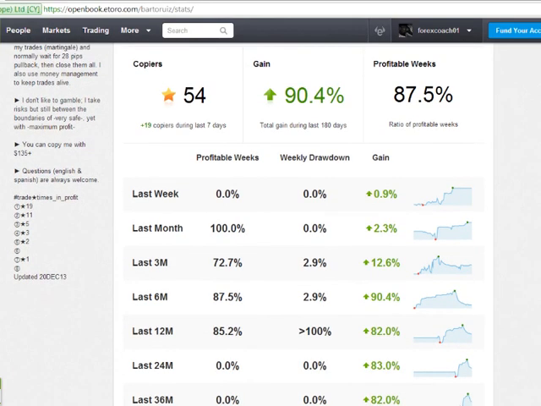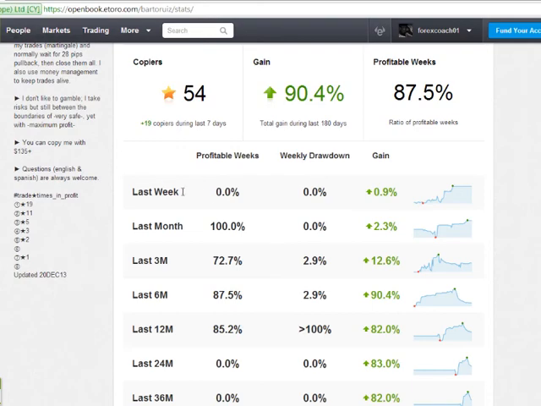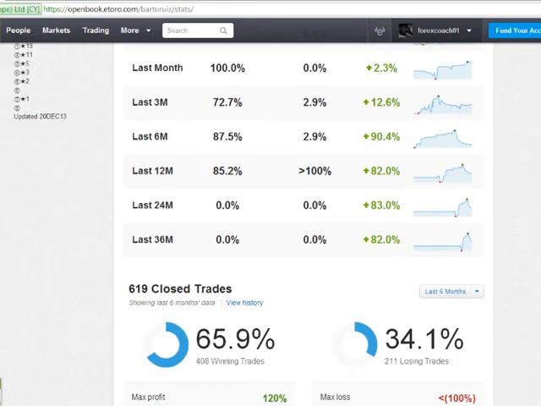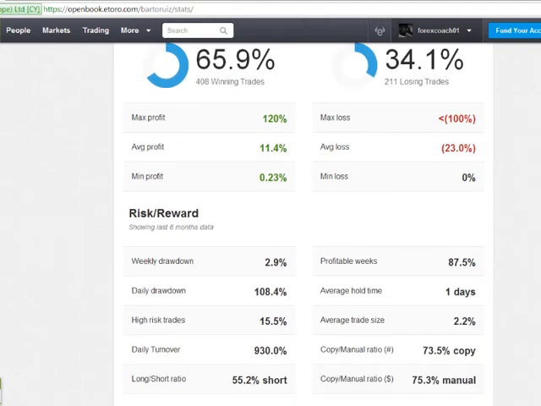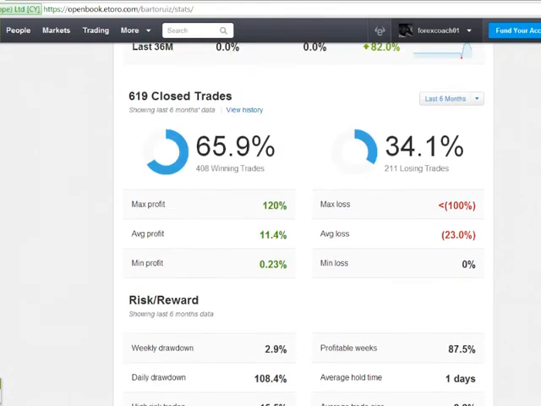And we've had profits consistently within the last week, last month, last 3 months. His average profit is not much, but the maximum profit is above the maximum loss. This trader is good to copy.